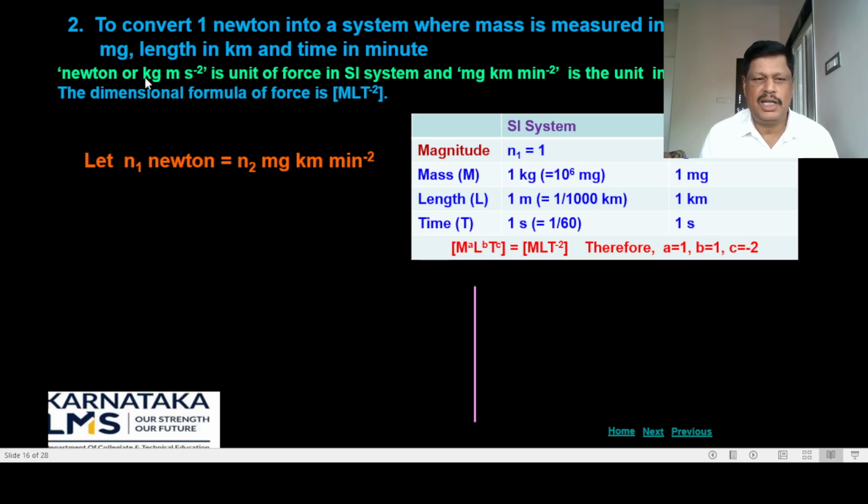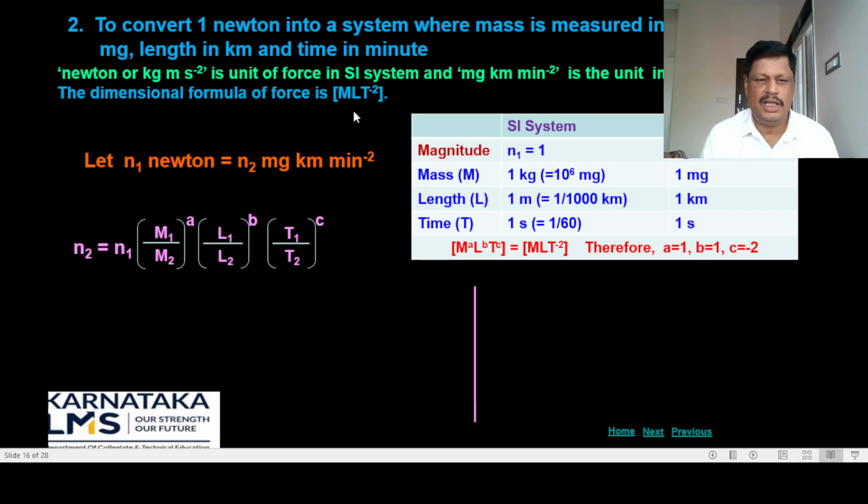So Newton can be written as kg meter per second square, the unit of force in the SI system, and milligram kilometer minute minus 2 is the unit in the new system. So the dimensional formula for force is M L T to the power of minus 2. Similarly, let N1 Newton be equal to N2 milligram kilometer minute minus 2.